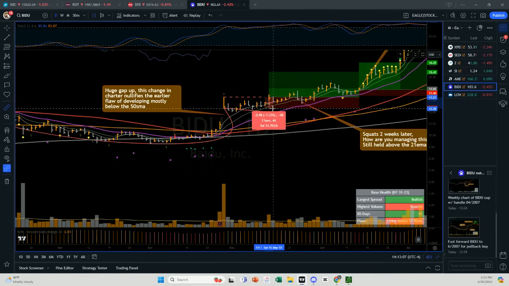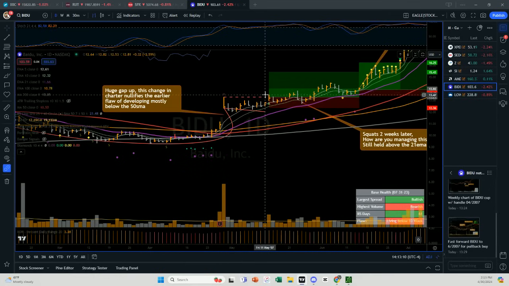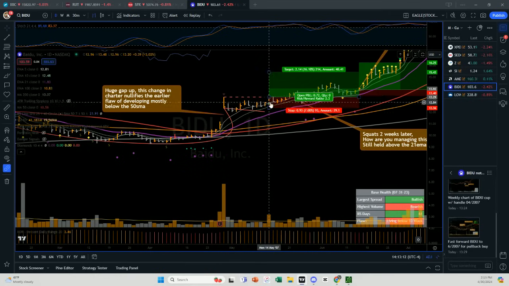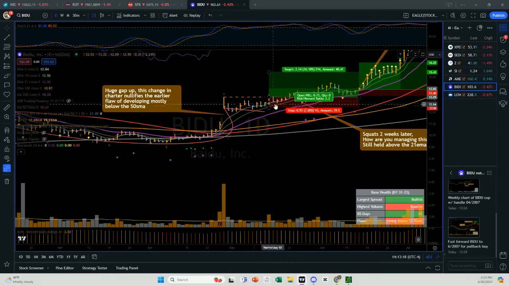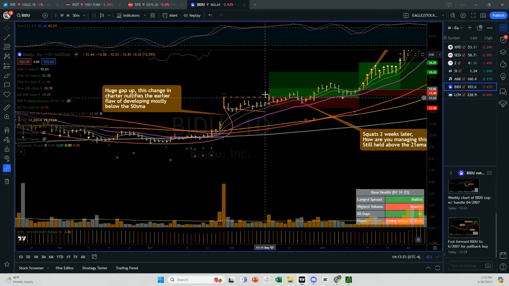So as far as looking at it, if I'm entering here and I want to get out with a fairly tight stop somewhere below here, I would take it at 5%.